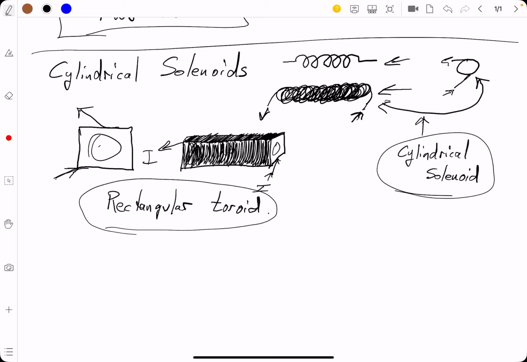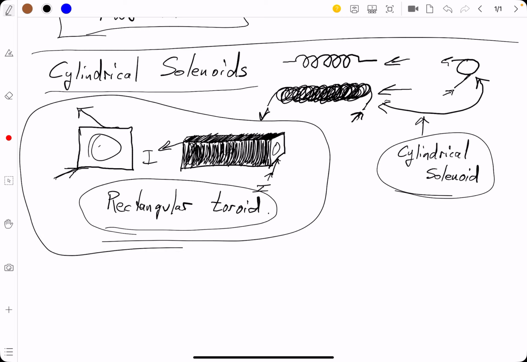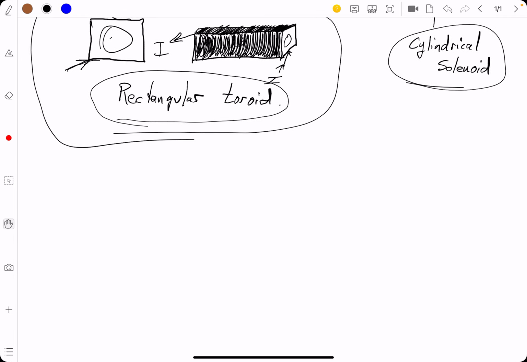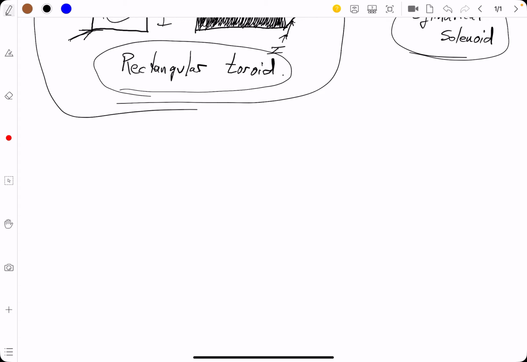Okay, so cylindrical toroids, that's our solenoid. The cylindrical solenoid, that's our topic. So let's talk about our cylindrical solenoid. We have done what the B field is in the middle.